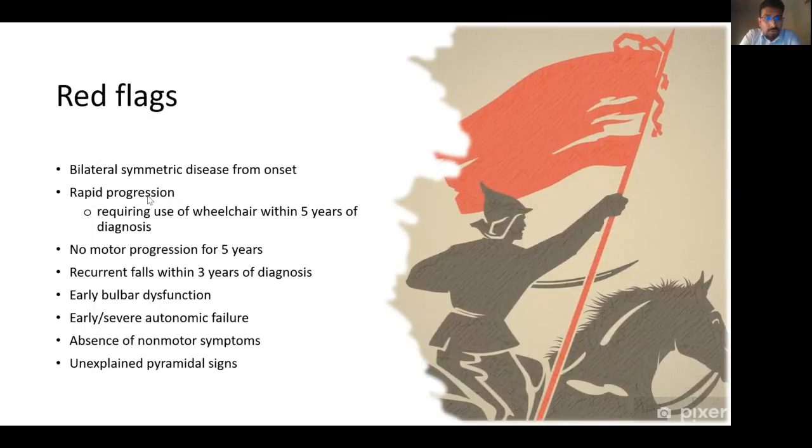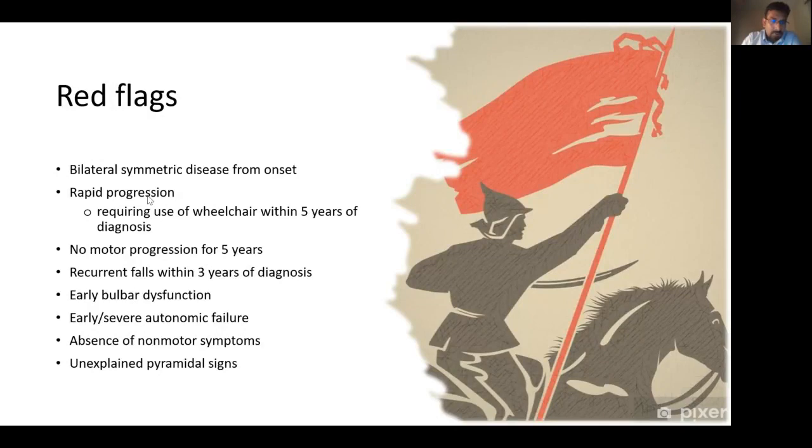Severe autonomic failure is again more common in multi-system atrophy. You will definitely see some sort of autonomic involvement with Parkinson's disease, but it starts with mild symptoms and can become severe at late stage.